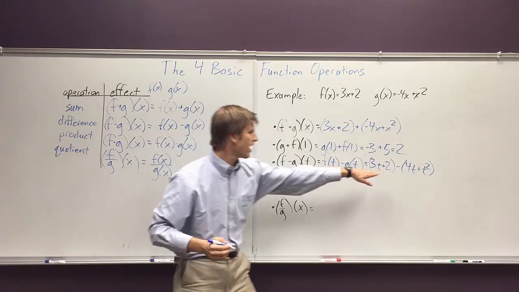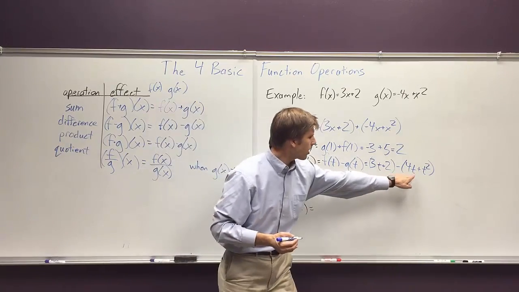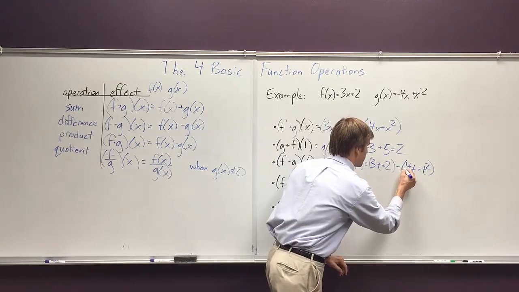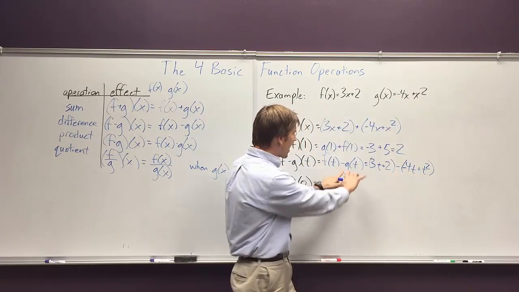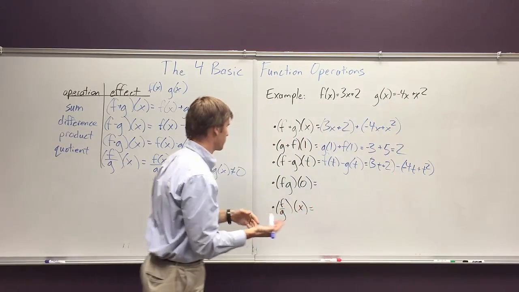So it's wrong if there are x's here because the input is no longer x. It's also wrong here if you don't have the parentheses, right? And it's wrong if you don't actually copy that negative sign there. Because subtracting g of t means you have to subtract all of g of t, both terms.